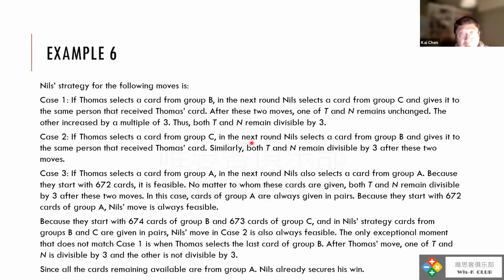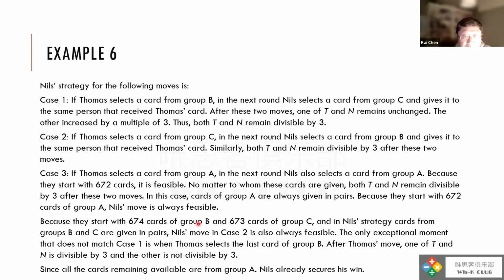But in the special case where Thomas takes the last card of B, there's no C card left for Niels. Niels is not able to select C because there's one card fewer in C compared to B. What should be done here? Let's think about it.